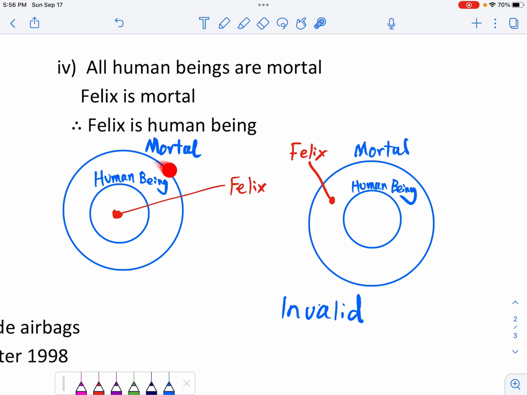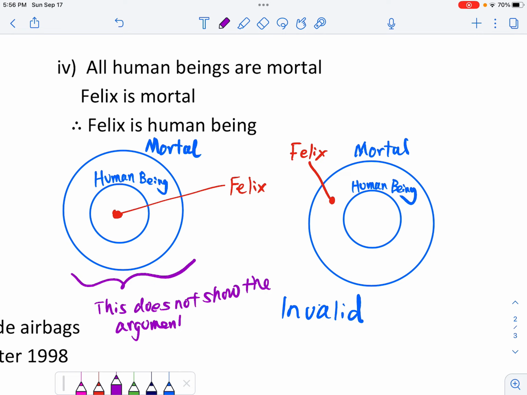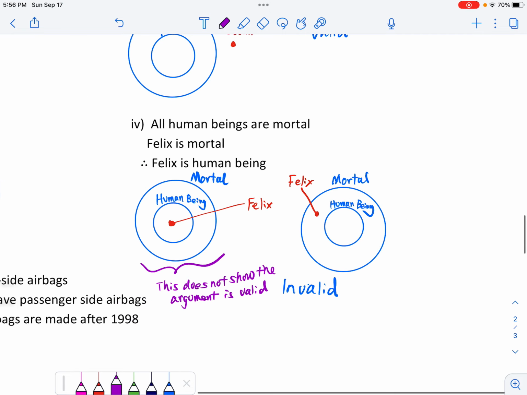Sometimes you may have a scenario that's valid, but as long as you find one example that shows this is not true, then this argument should not be true. So in other words, I'm going to make a comment. This doesn't show the argument is valid. So it is important to recognize that.